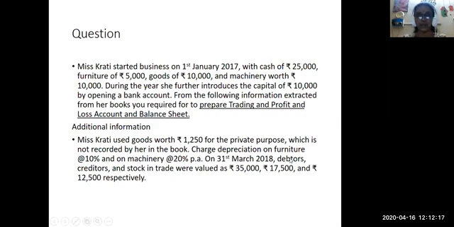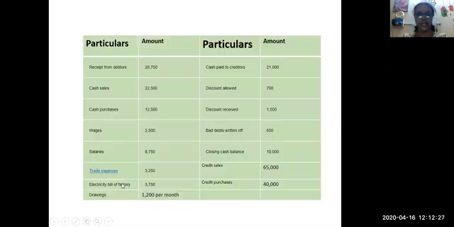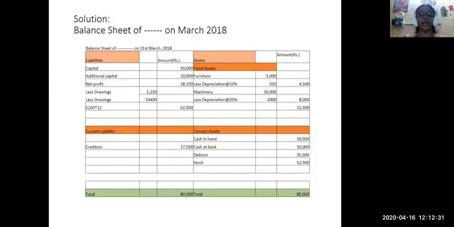Debtors and creditors are 35,000 and 17,500, and the closing stock is 12,500. With the data provided in the table, we are going to prepare the balance sheet.